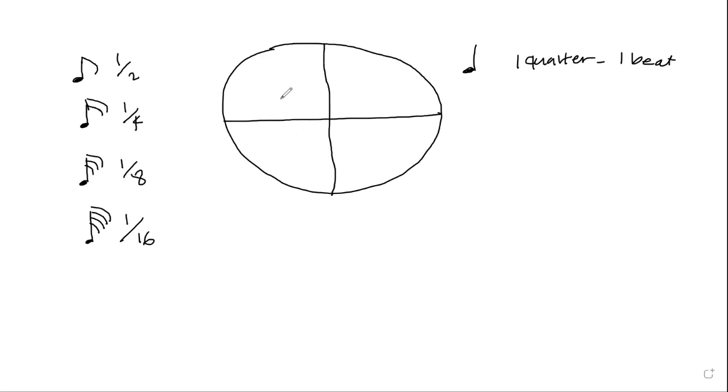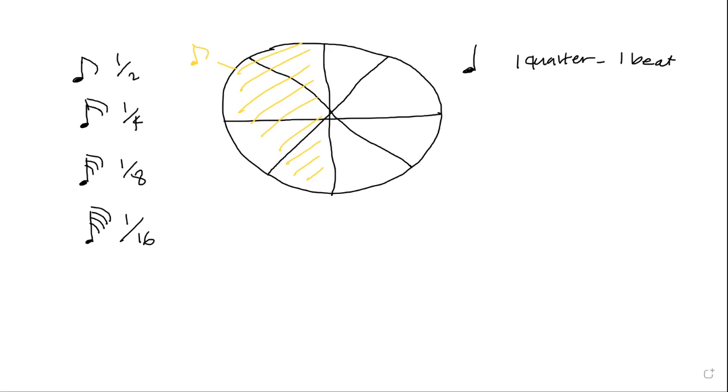Have you ever eaten pizza? Pizza, we have like 8 pieces, right? Then the one chapati, you can divide it into 8 pieces, right? So the whole chapati is 1/4, but when you think about half, that is 1/8 notes, right? Okay, so you can just divide one chapati into 2, so the half of it is an eighth note.